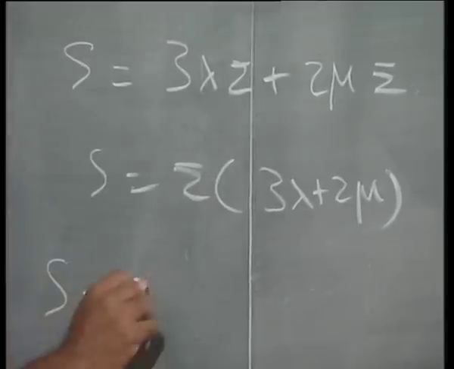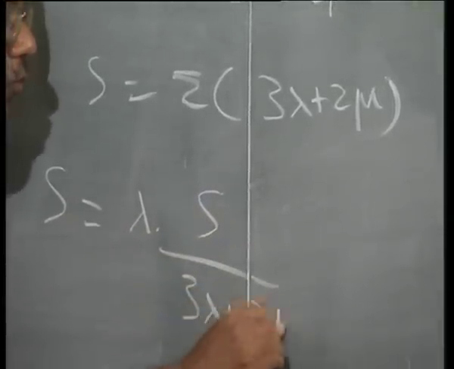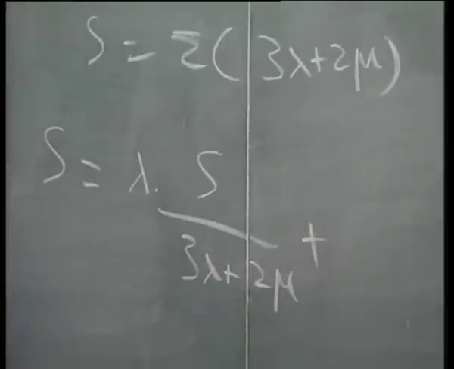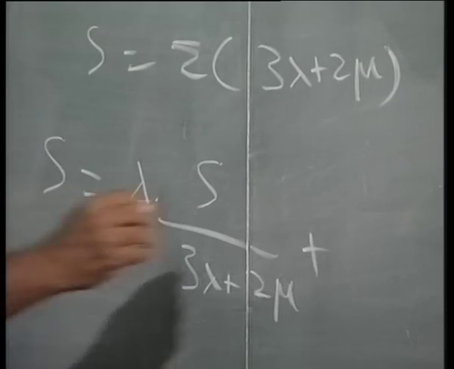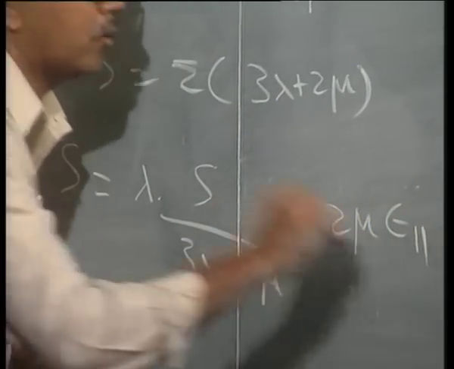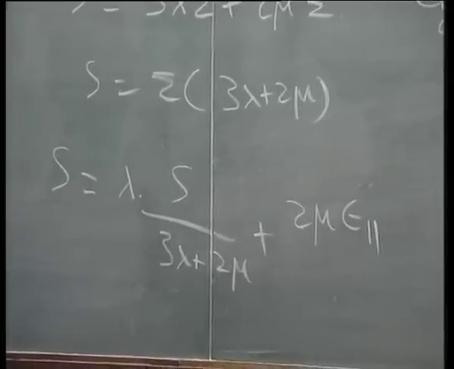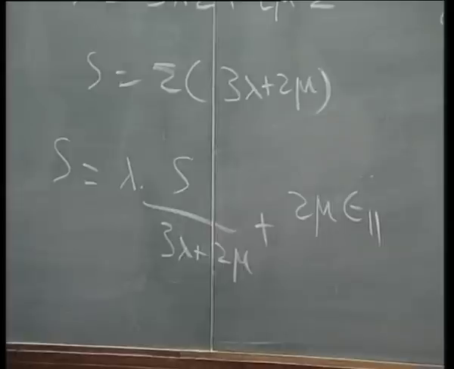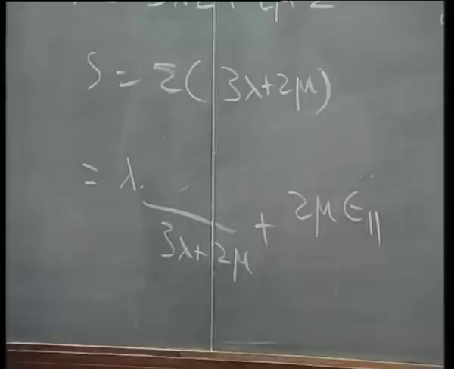what do I get? Lambda into S divided by 3 lambda plus 2 mu plus 2 mu epsilon 1 1. Right? Now, what is S? How do I write S? Stress. So in terms of E, what is it that we are trying to do?